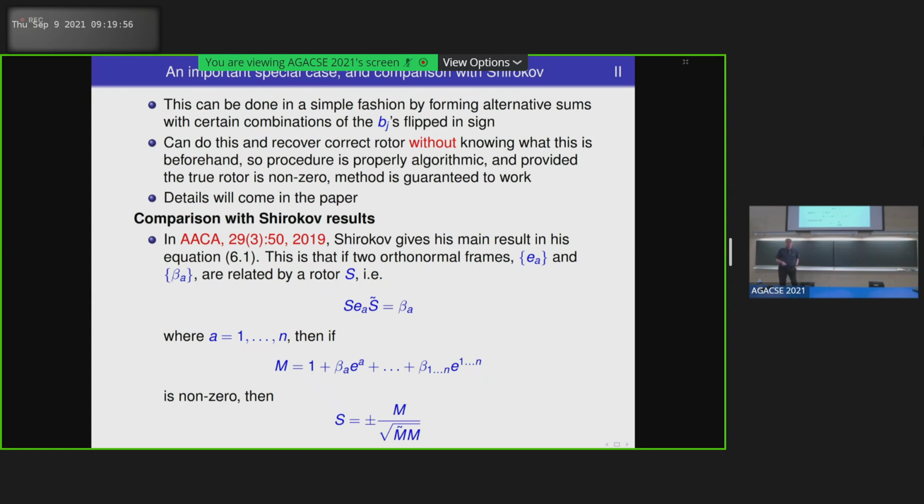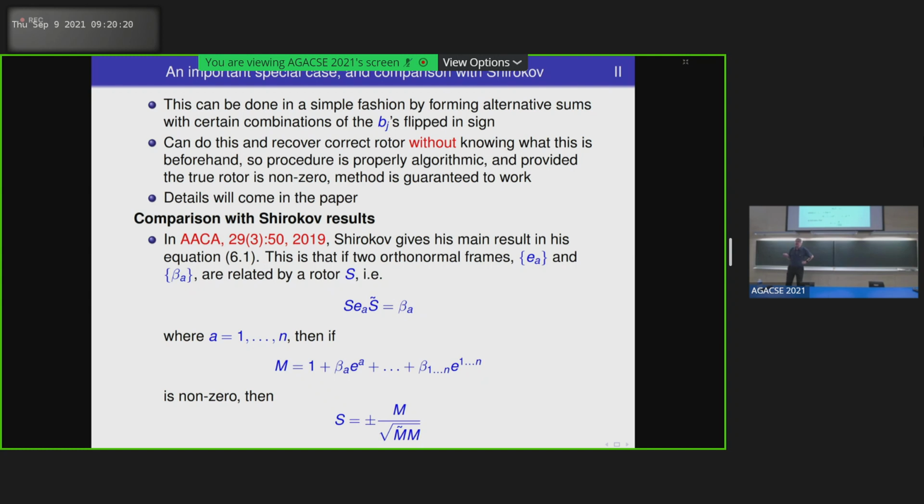The procedure is properly algorithmic, and provided the true rotor is non-zero, the method is guaranteed to work. There must be some grade eventually which is returning non-zero. So the details for this will come in the paper.